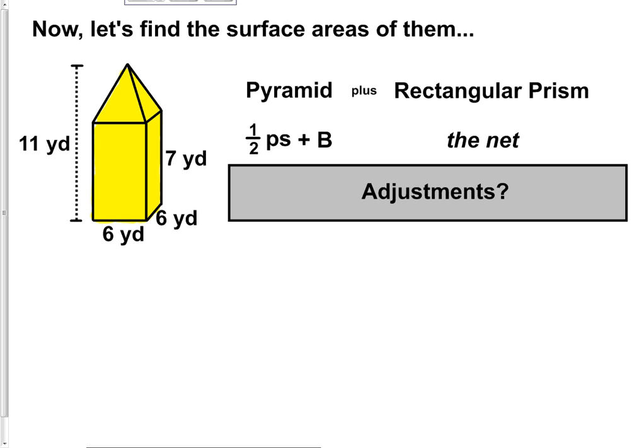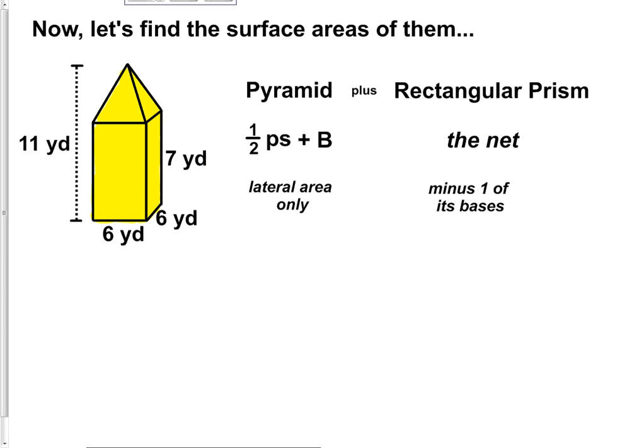And how about the prism underneath it? If we are considering the top and the bottom of this prism to be its bases, well, what about the base that's up on top that the pyramid is sitting on? It's no longer exposed to the outside of the solid. So we would not want to consider one of those bases.